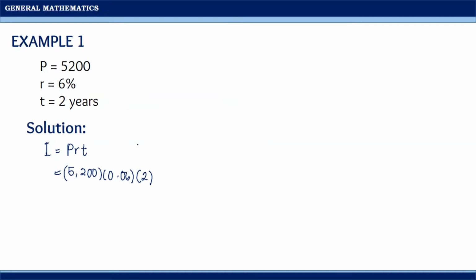Remember to always write the rate in decimal form. Therefore, in converting percent to decimal, we need to divide the given percent by 100.